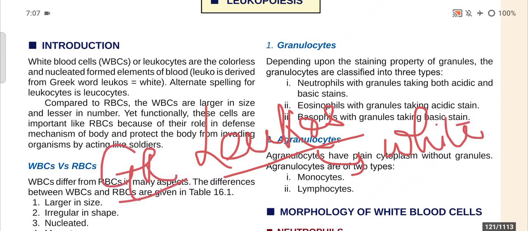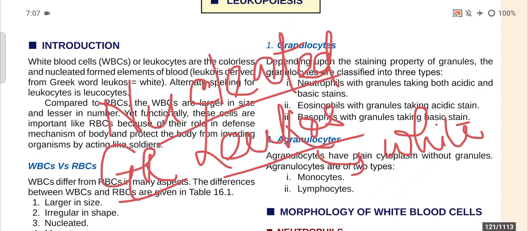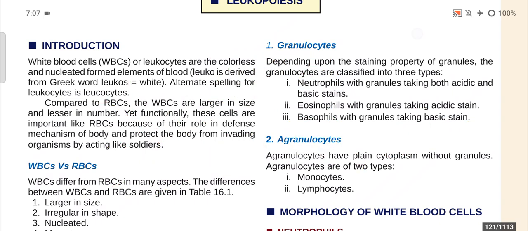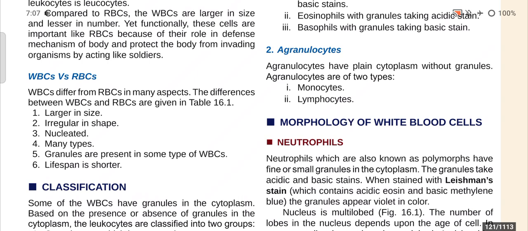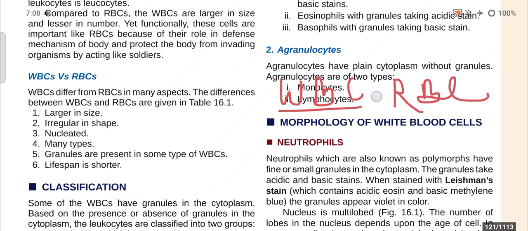Now it is a nucleated one. You know that RBC is non-nucleated and it is nucleated. Now, WBC versus RBC. WBC differ from RBC in many aspects, and the differences between the WBC and RBC are given in table 16.1.